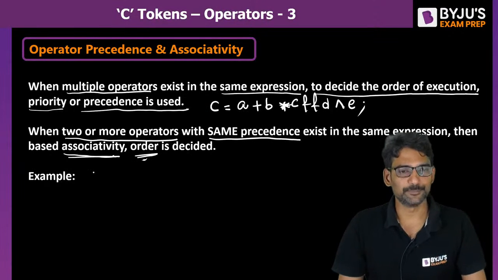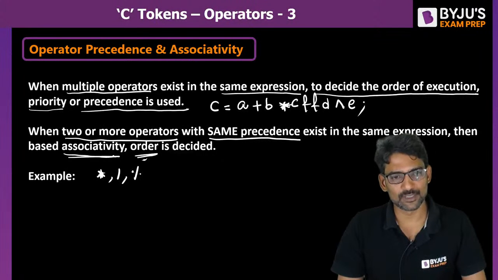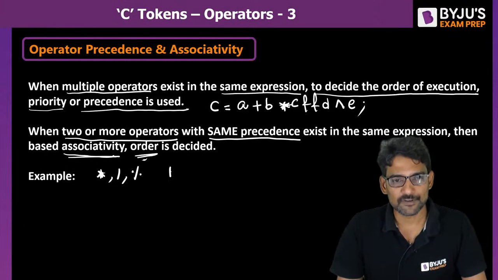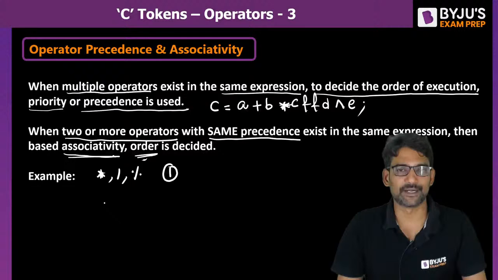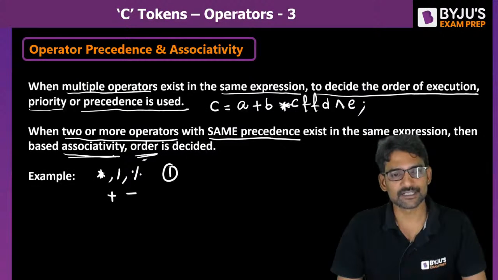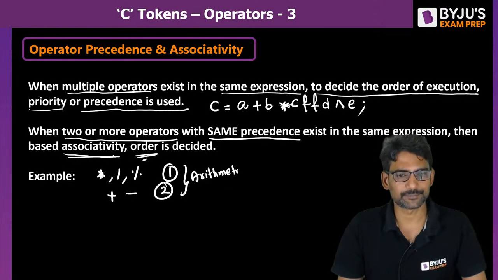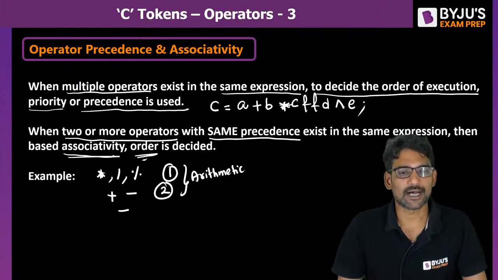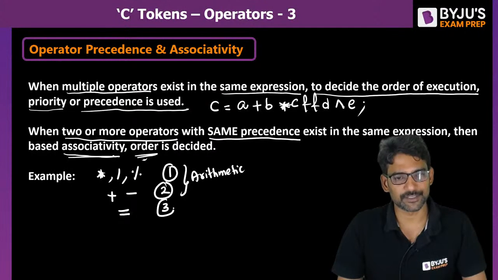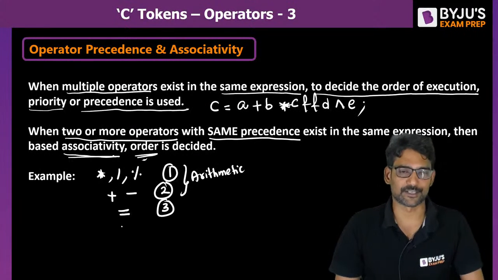Example: multiplication, division, modulus have first priority in the arithmetic operators. Addition, subtraction has second priority. Assignment has the least priority.